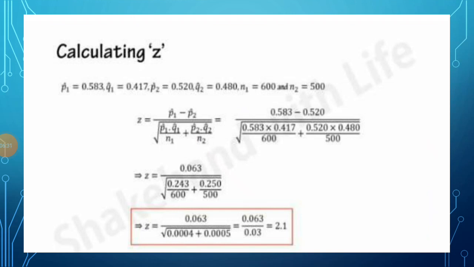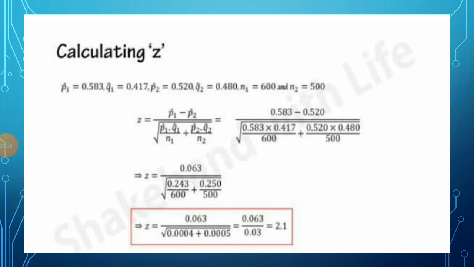Let's apply the formula. Z is equal to P1 minus P2 divided by square root of P1 into Q1 divided by N1 plus P2 into Q2 divided by N2. We know P1 is 0.583 minus P2 0.520, divided by square root of 0.583 into 0.417 divided by 600 plus 0.520 into 0.480 divided by 500.